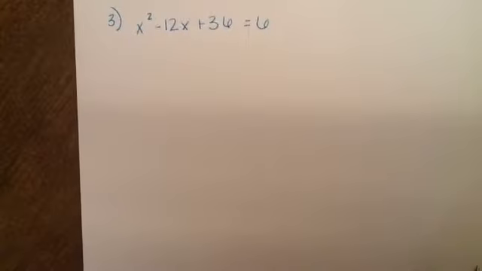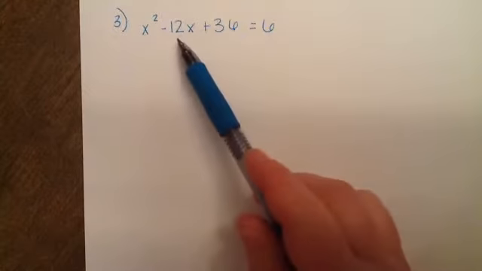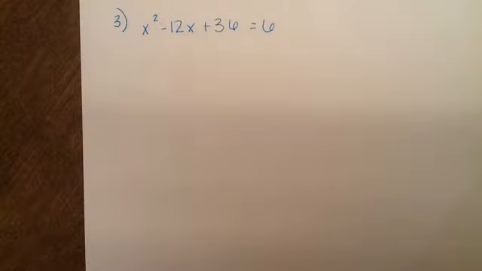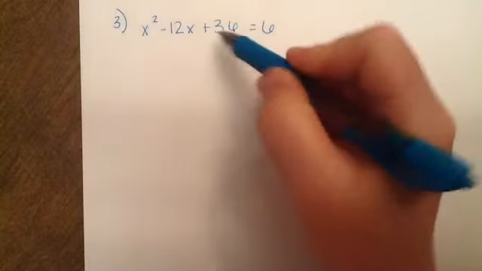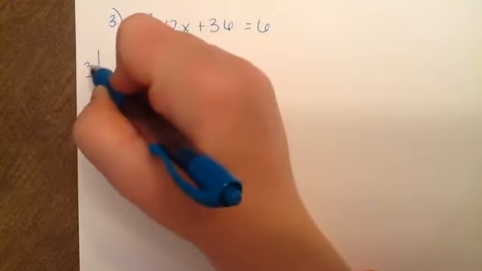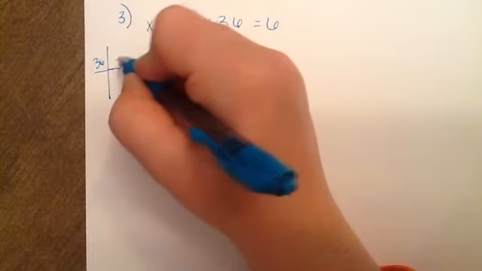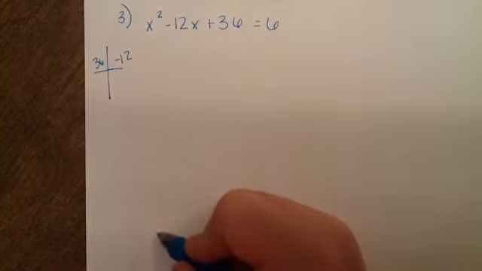Try this next one on your own. Look for things that multiply to 36, add to negative 12. Factor, and then solve for x. Let's see how you did. What two numbers multiplied to 36 and added to negative 12?